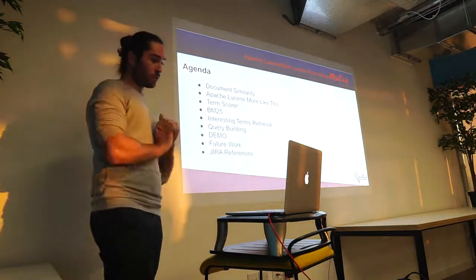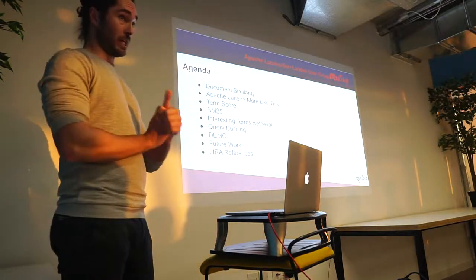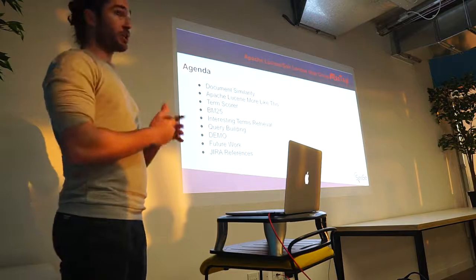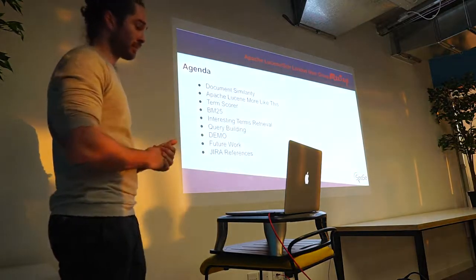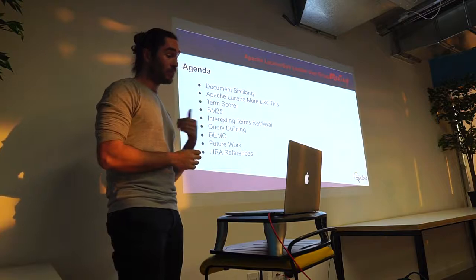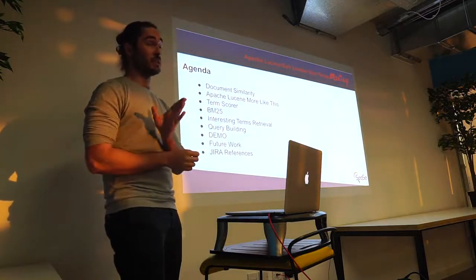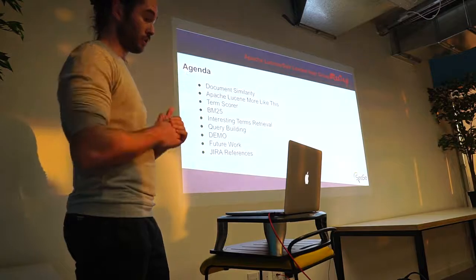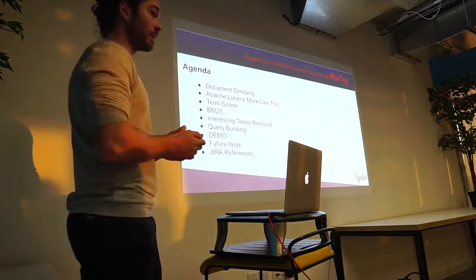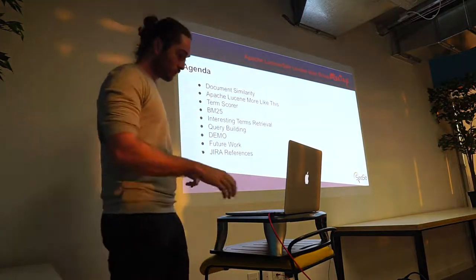So today we're going to talk about the Apache Lucene More Like This. It's a very well-known feature from a user perspective, not very well known from the internals. It's implemented in Lucene, but it is exposed through Solr. So it's very likely that you may have used it in your company through Solr, but effectively the implementation is in Lucene.